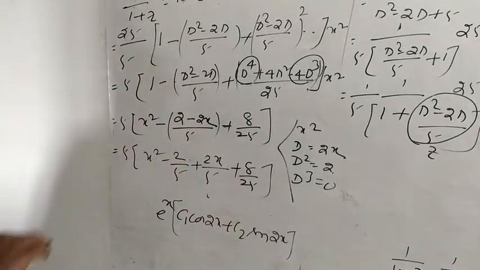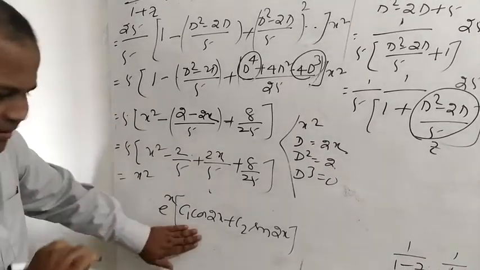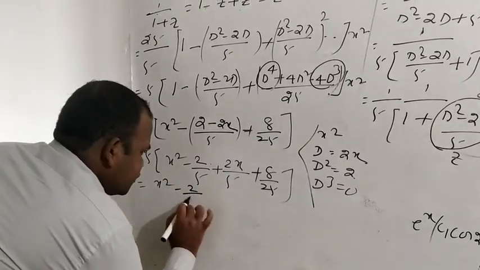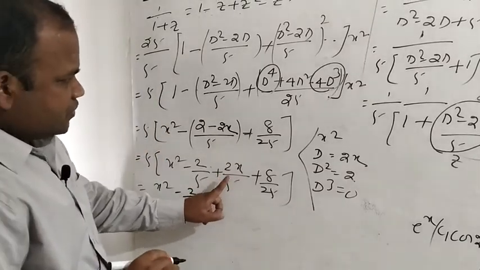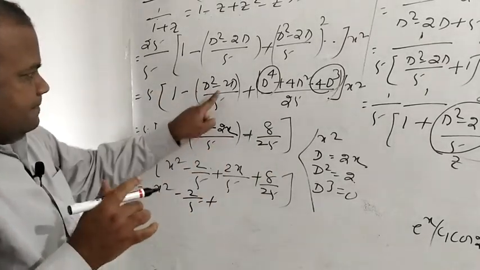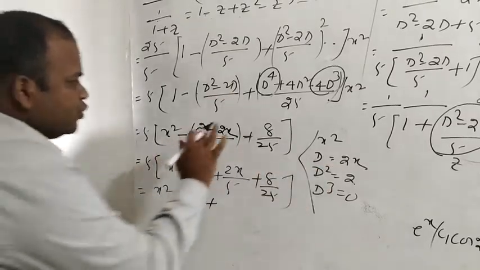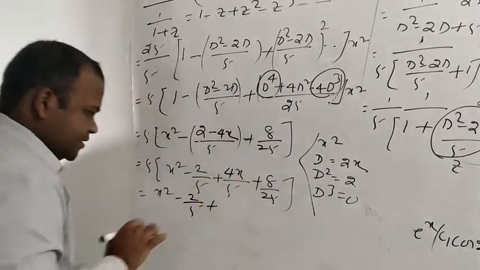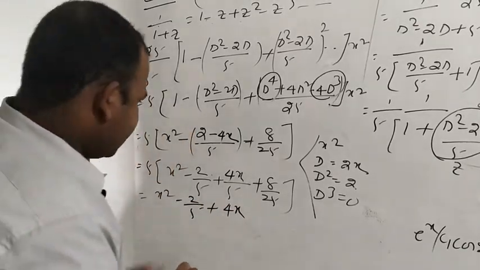This is x square. So 1 upon 5 into x square minus 2 by 5 plus 2x, minus 2 into the derivative, which is 2x. So 2x into 2 is 4x. So minus 2 by 5 plus 4x by 5.